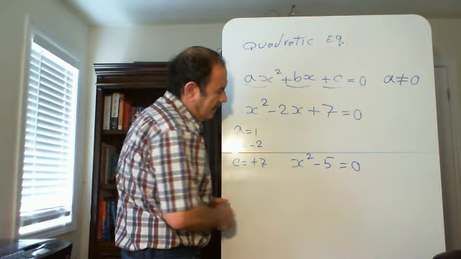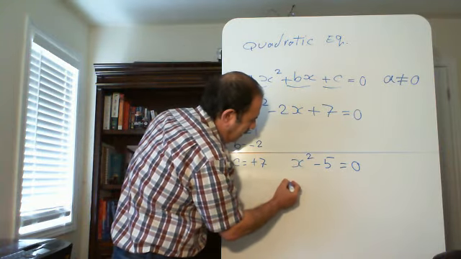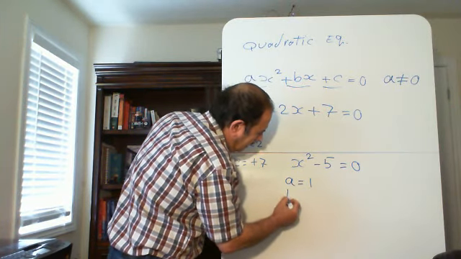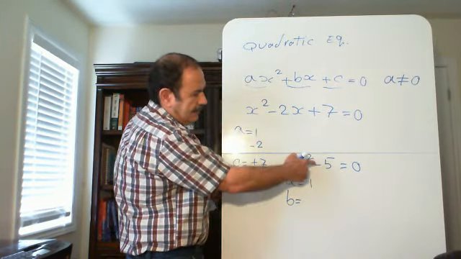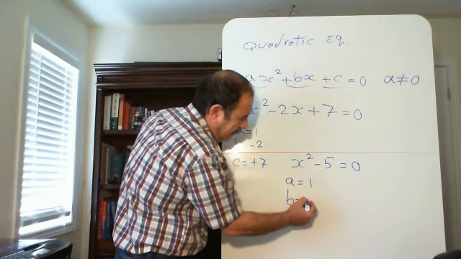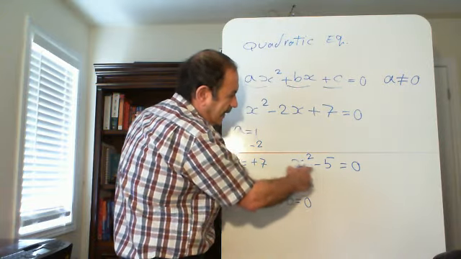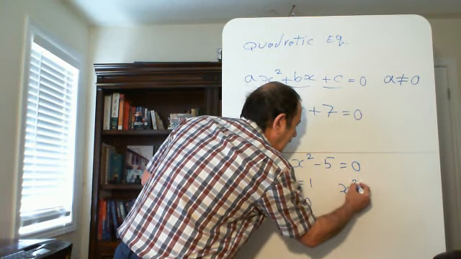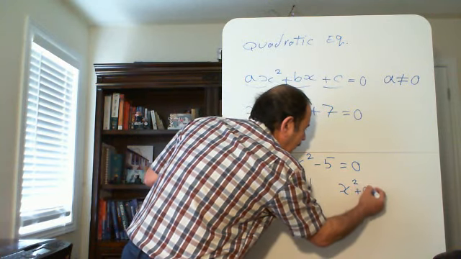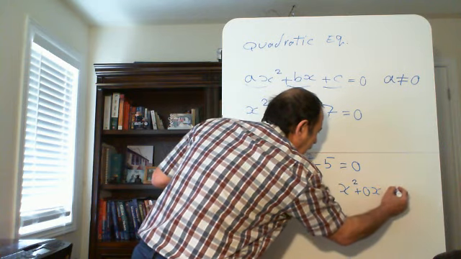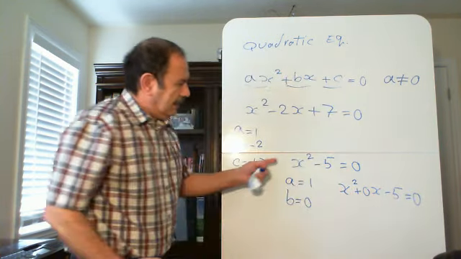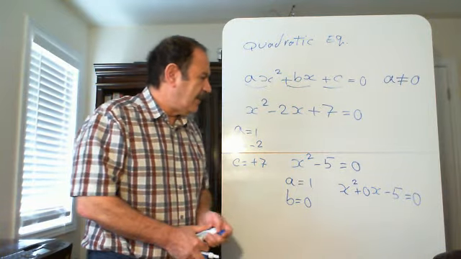In this example, what is a? a is 1. What is b? There is no x here, so b is gonna be 0. Why? Because I can rewrite this one as x squared plus 0x minus 5 is equal to 0. Compare these two. This one is x squared minus 5 equals 0.